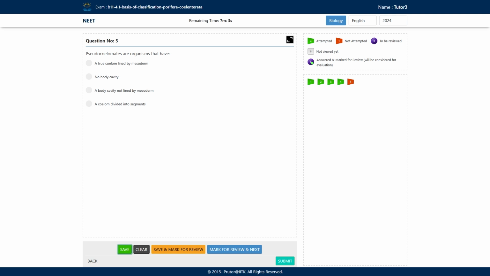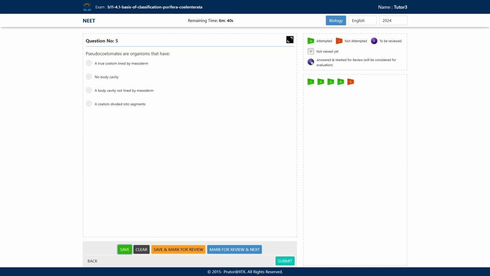Pseudocoelomates are organisms that have: A. a true coelom lined by the mesoderm, B. no body cavity, C. a body cavity not lined by the mesoderm, and D. a coelom divided into segments. Pseudocoelomates, not lined by the mesoderm.